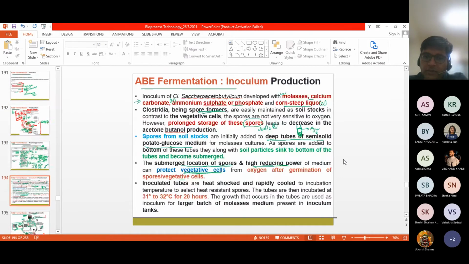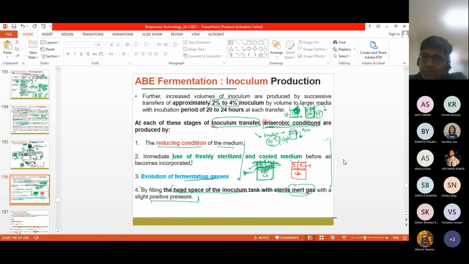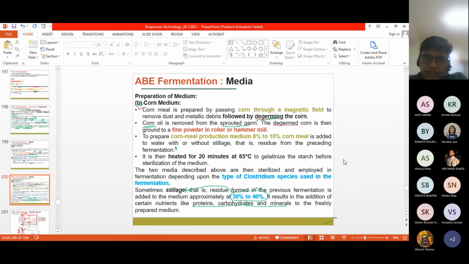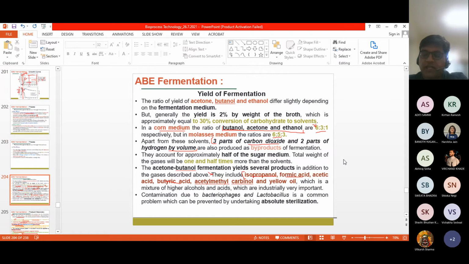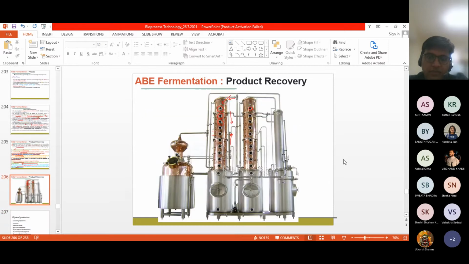That ethanol is generally removed during the fermentation process so that it doesn't have any inhibitory effects on the growth of the microorganisms. So this is what we have seen overall, and then we have the product recovery.